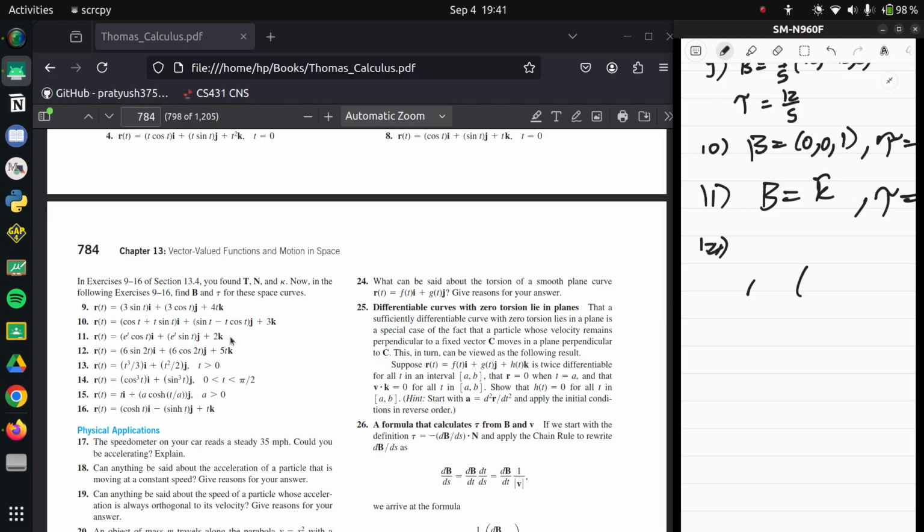It had no torsion. Look at this, there's no k component, it's completely in a plane. So your binormal vector is pointing upwards. Similarly over here, all of these are completely in planes, except this last one. The last one is something like a helix. Not exactly. I see, this is actually very weird. So the 12th one is derivative of that stuff.